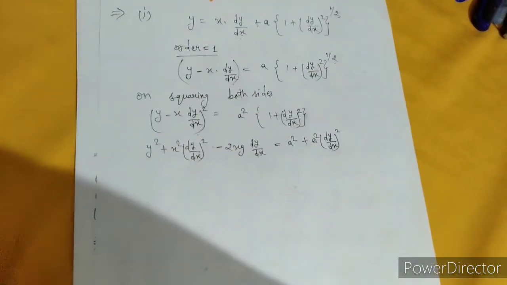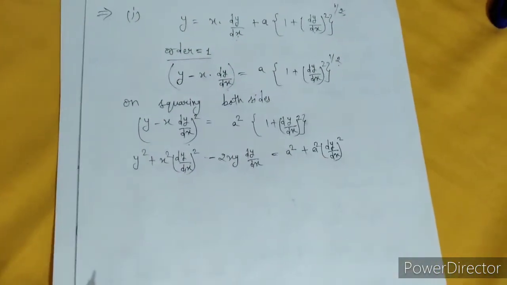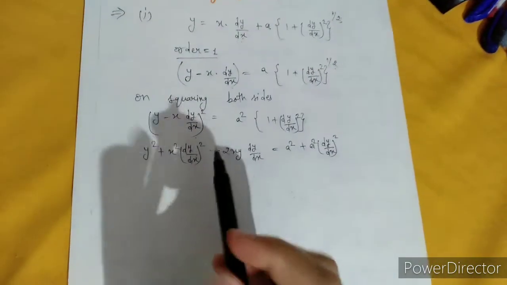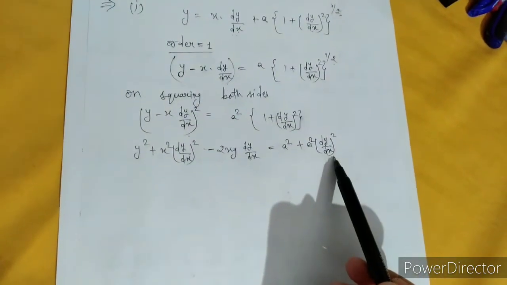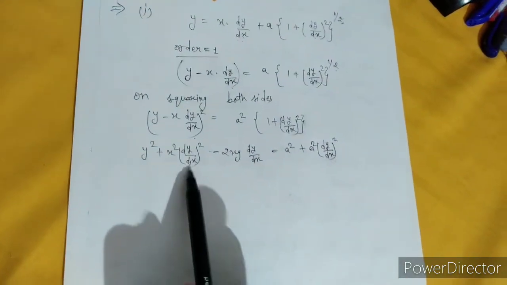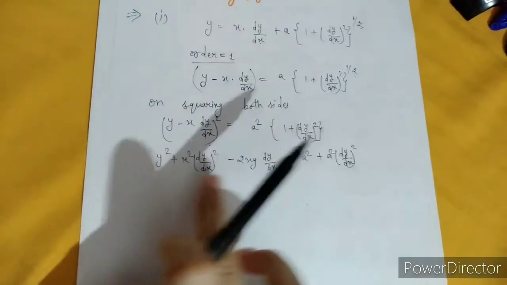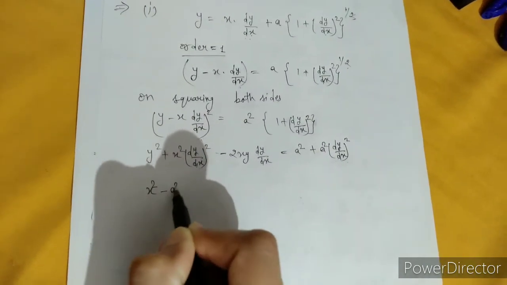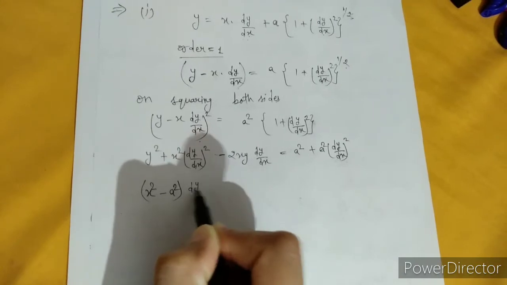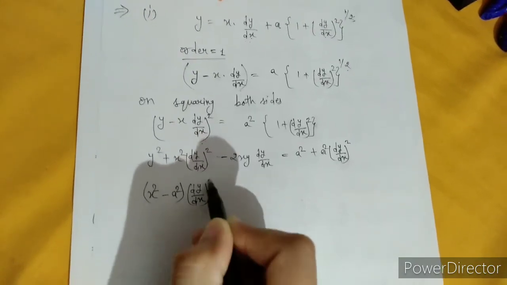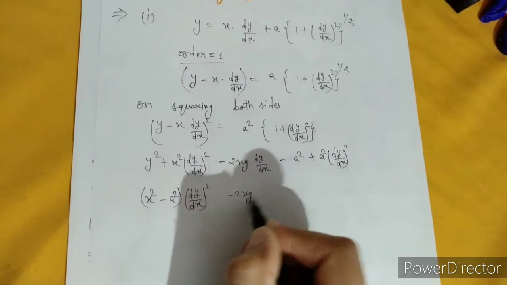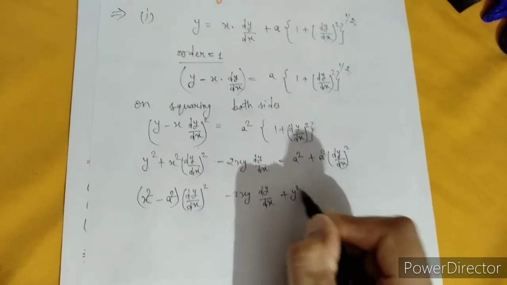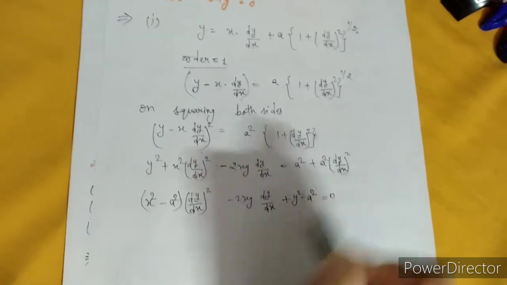You know here the order is 1, and now you can find out the degree of this differential equation. This derivative and this derivative are both the same. So you can put both on one side: (x² - a²)(dy/dx)² - 2xy dy/dx + y² - a² = 0.